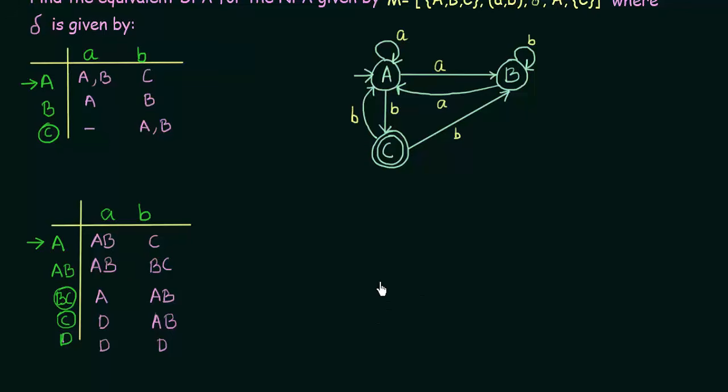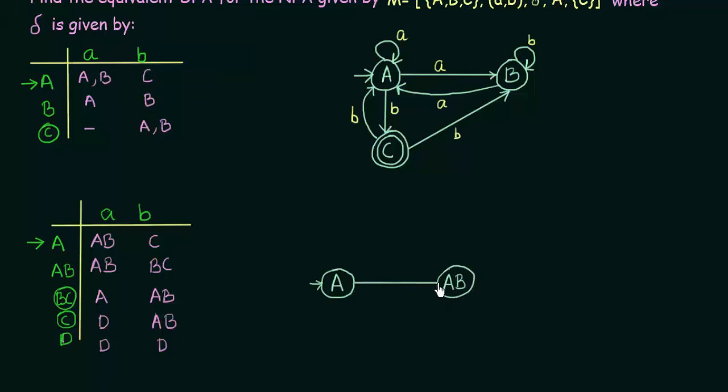Now let us try to draw the transition diagram for this DFA. So let me start with my starting state A. A is my starting state, and A on getting input small a goes to state AB. Here I'll mention state AB.